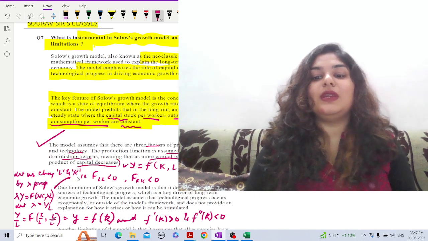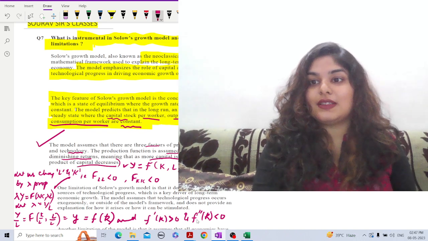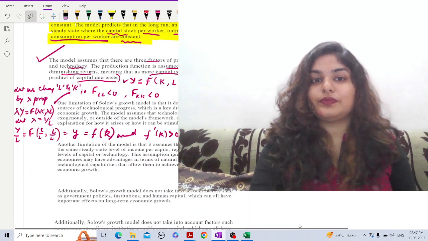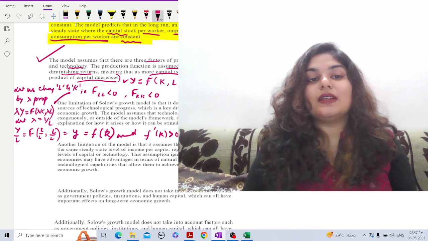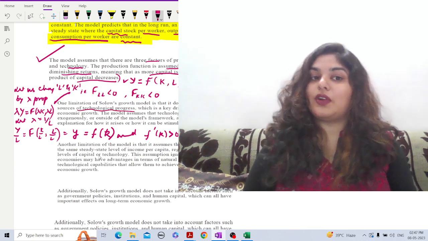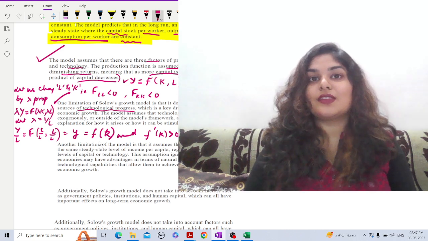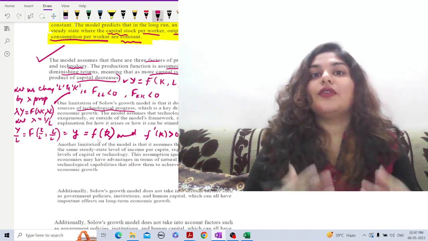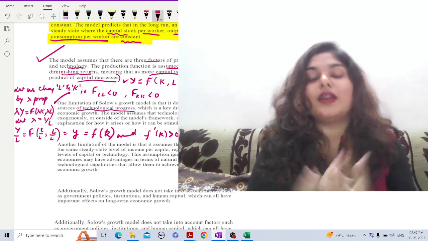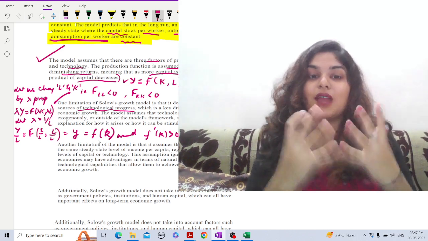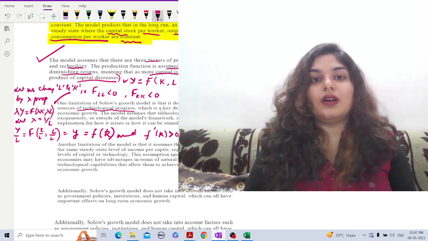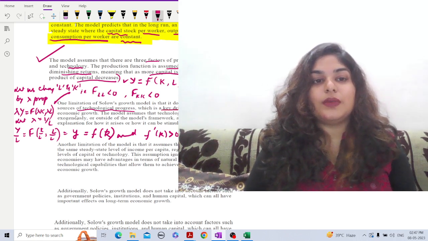So one of the limitations of the Solow model is that it does not fully explain the sources of technological progress, right? It just says that it is exogenously given, but how we are getting the progress, how is this capital getting accumulated, how is this change taking place, that is not explained. So this is a key driver of long-term economic growth.